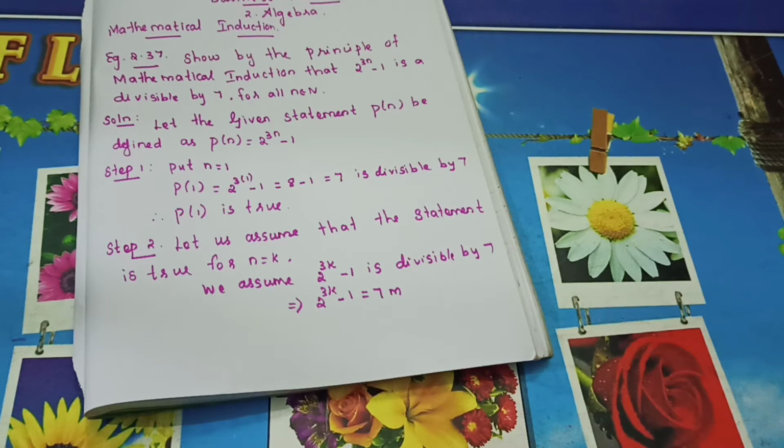So if we assume 2 power 3k minus 1 is divisible by 7, the meaning is the value of 2 power 3k minus 1 must always be equal to 7 into something, 7 into 1 or 7 into 2 or 3 or 5 or something. If you need to say divisible by 5, how will you write? 5 into m. So 5 into 1, 5 into 2, whatever it may be, it will be divisible by 5. Understand?